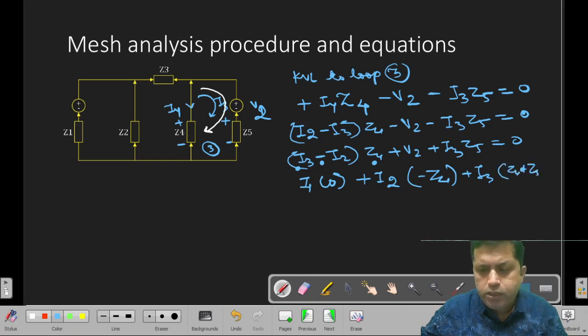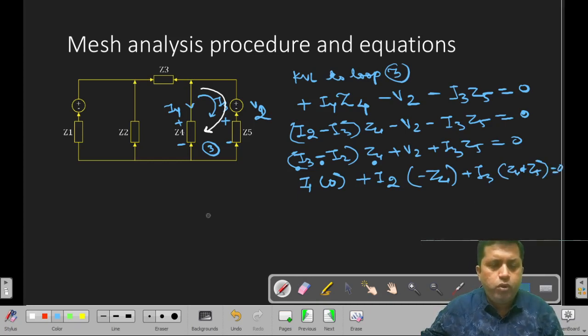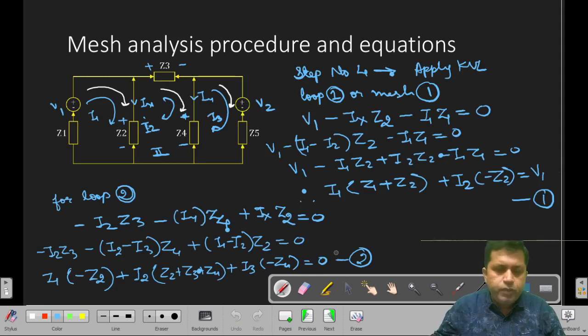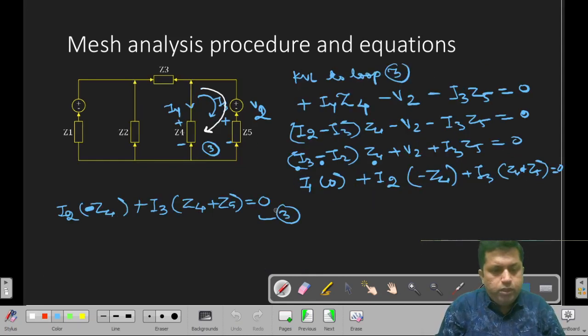So ultimately I will get I2 into minus Z4 plus I3 into Z4 plus Z5 is equal to 0. This is equation number 3.